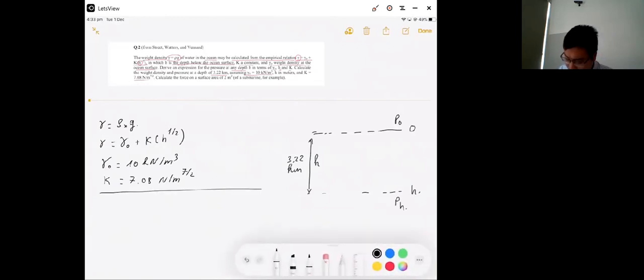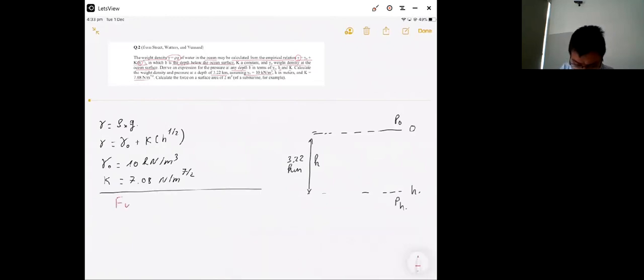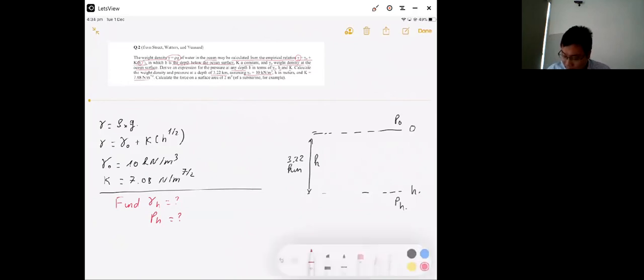And the question is, you have to find the weight density and the pressure at the depth of 3.22 kilometer. You have to find gamma s and pressure at s, that is, Ps and gamma s, with P0 and gamma 0 here.